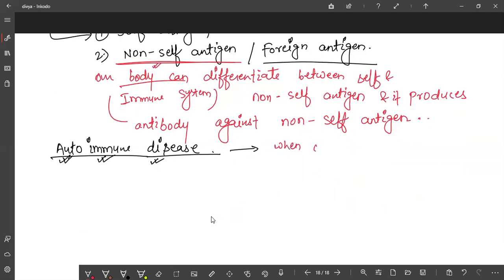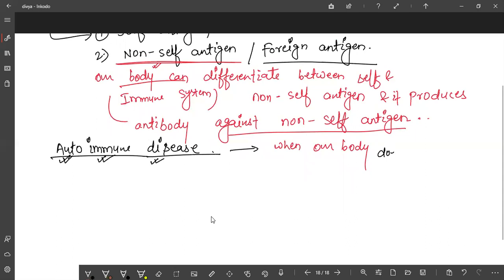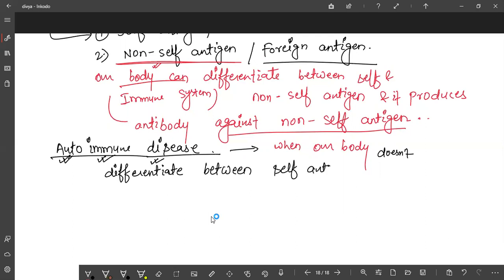When our body does not differentiate between self antigen and non-self antigen, immunity will develop against self antigen.